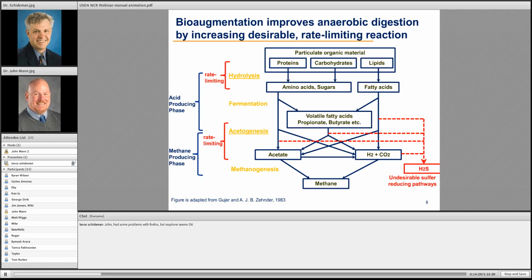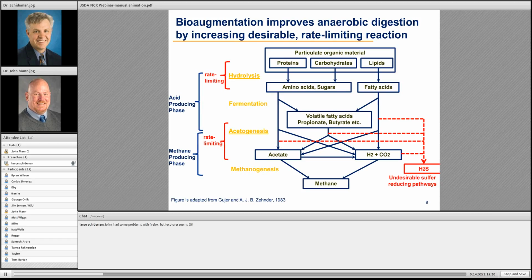Then it's fermented into volatile fatty acids, particularly propionate and butyrate. And then finally, there's a process called acetogenesis that makes acetate, and it can also result in a co-process that makes hydrogen and CO2.